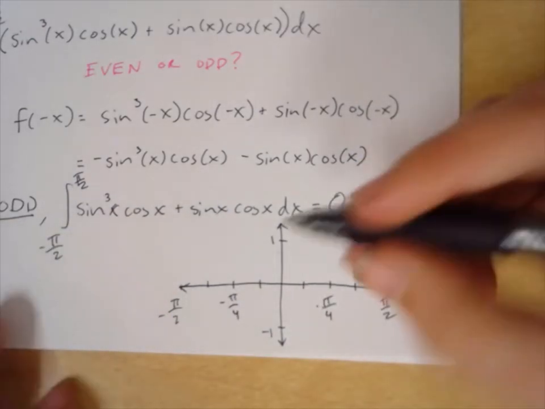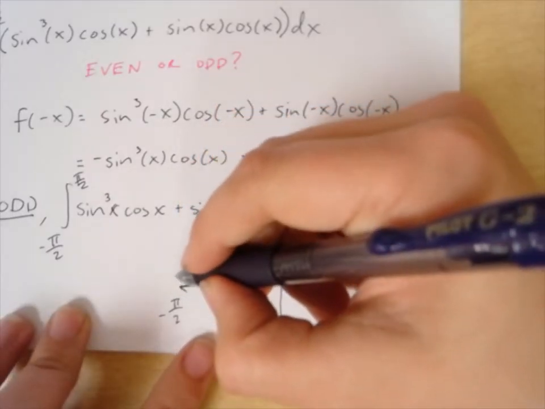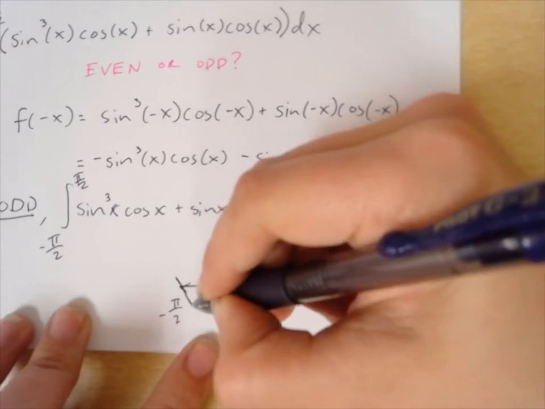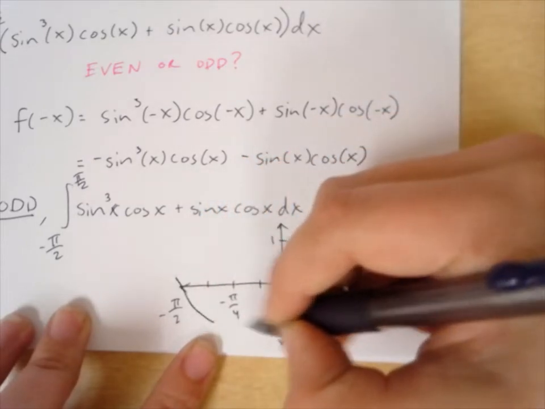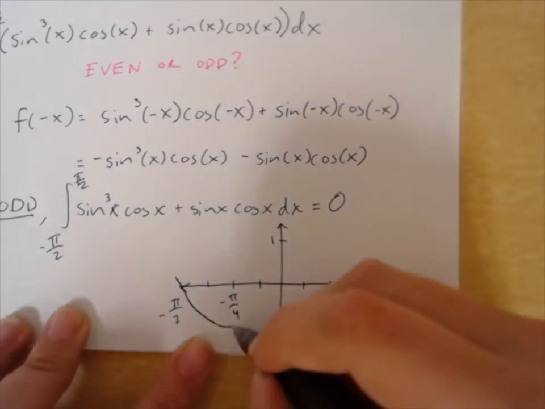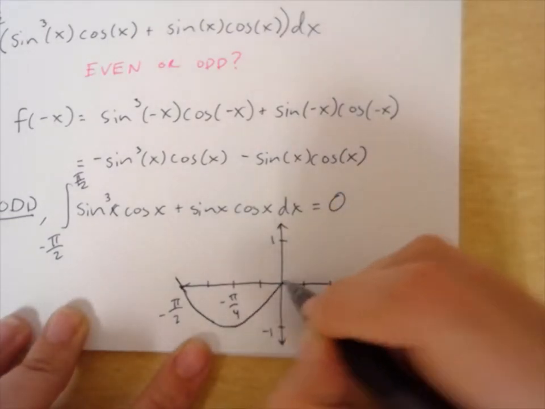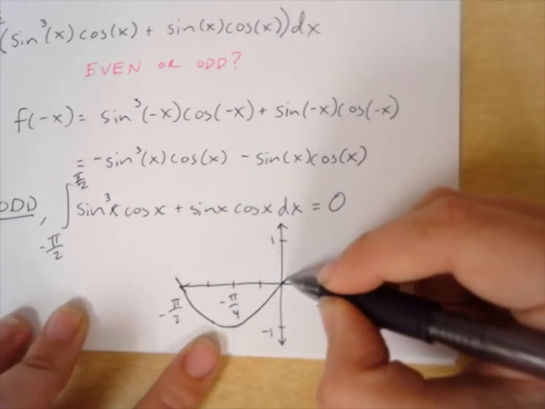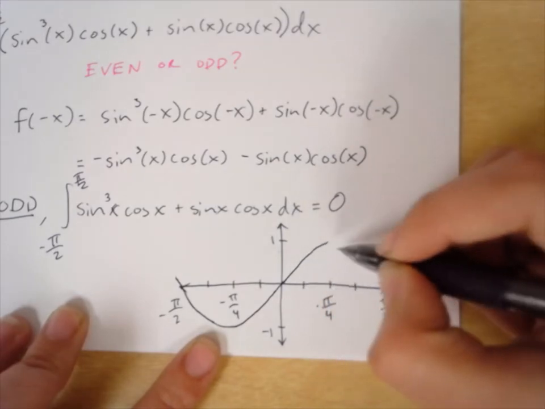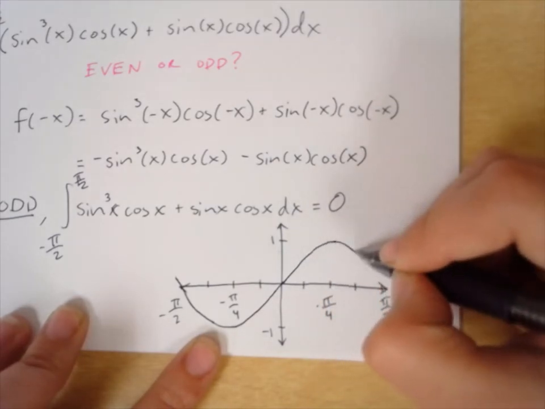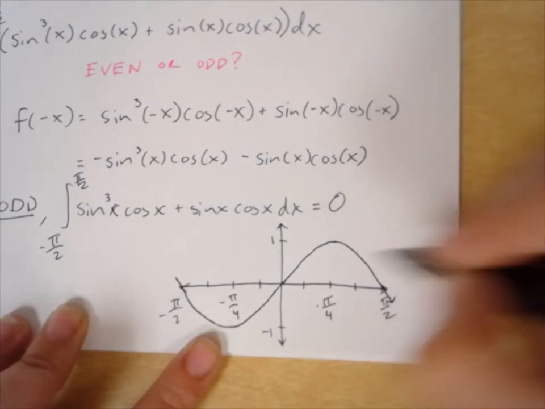And here's what our function would be doing. It'd be going from negative pi over 2, it'd come down to negative 1, and then it would go back up. It would cross through the origin. It would go up to 1 at pi over 4, and then it'd cross again at pi over 2.